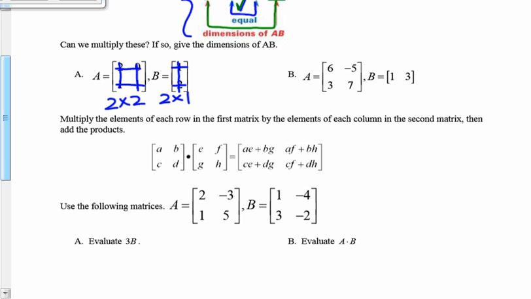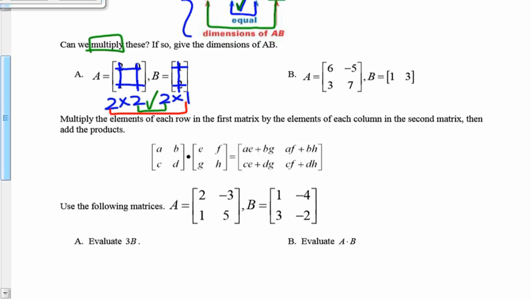So those are different dimensions. Now we wouldn't be able to add or subtract those, but we're trying to see if we can multiply, so we're looking for different criteria here. We're seeing, is this number and this number the same? Yes, 2 is the same number as 2. We can multiply. Our answer is going to be a matrix that is 2 by 1.